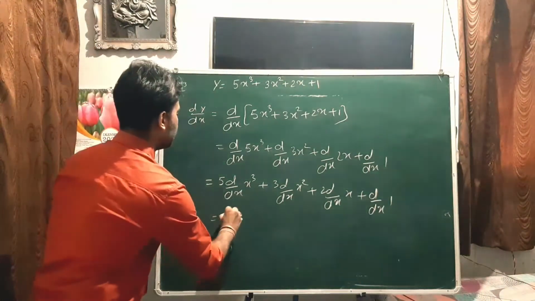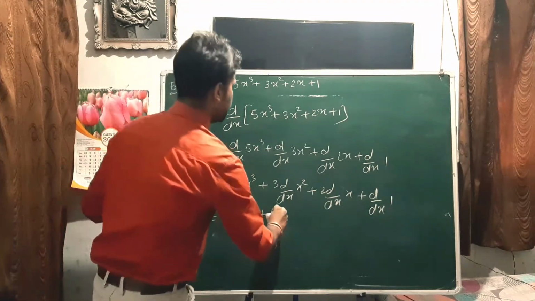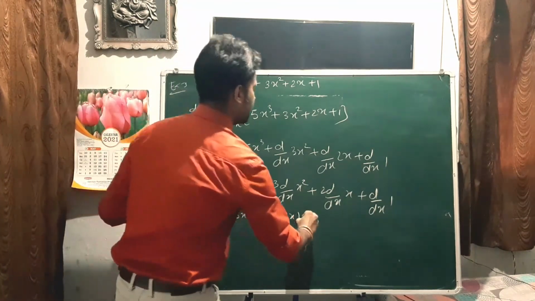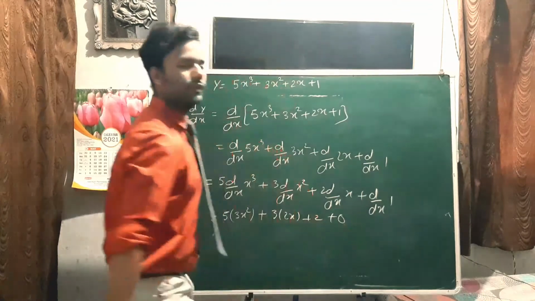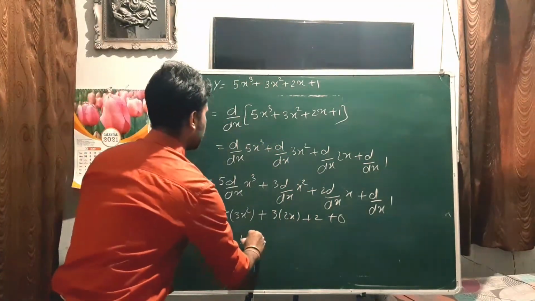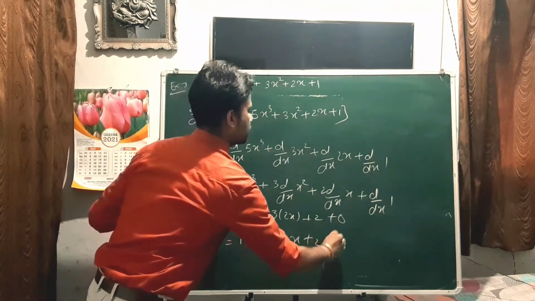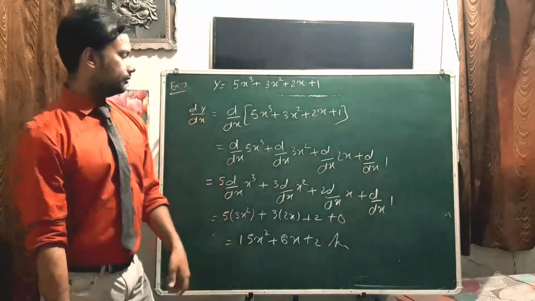So this will become 5 times 3x square plus 3 times 2x plus 2 and plus 0, right? So it will become 15x square plus 6x plus 2, and that will be the answer.